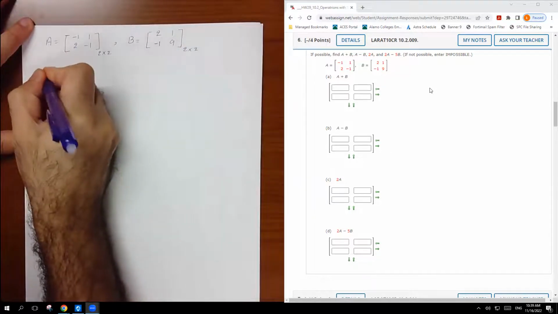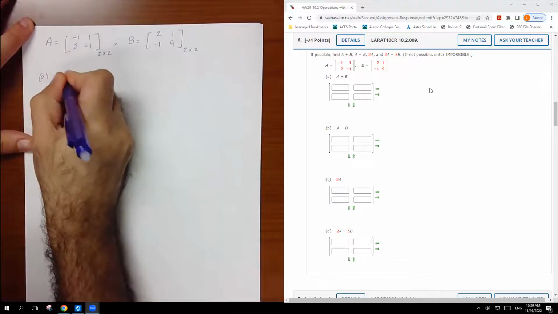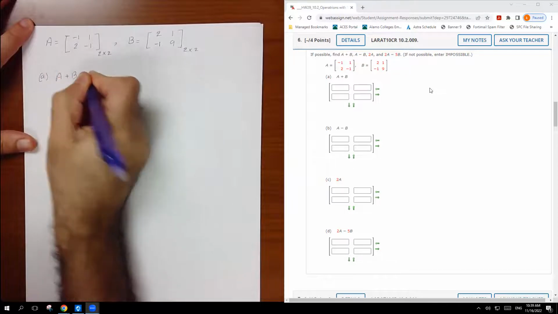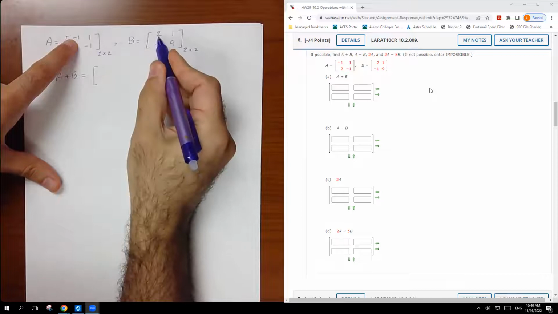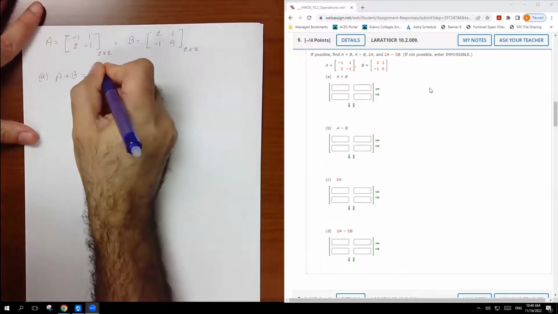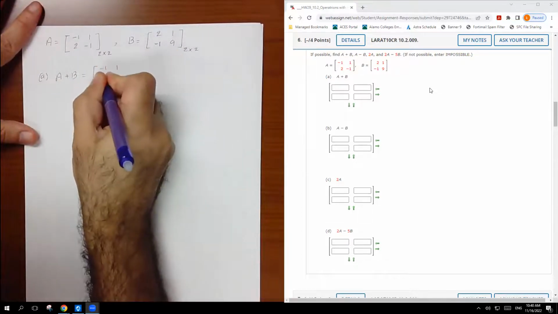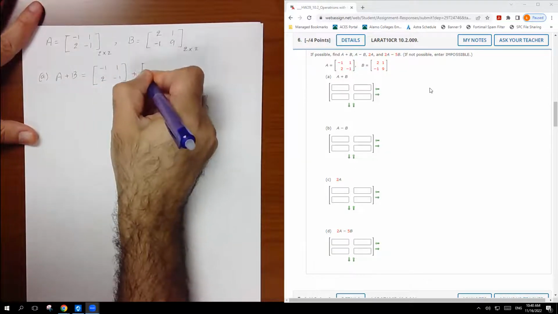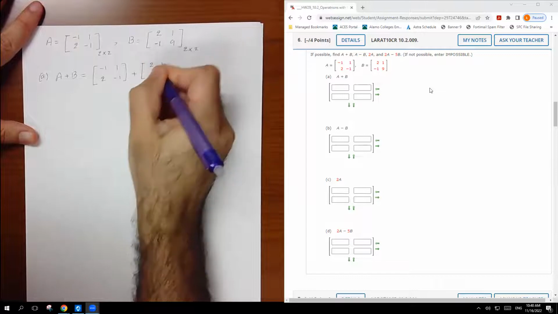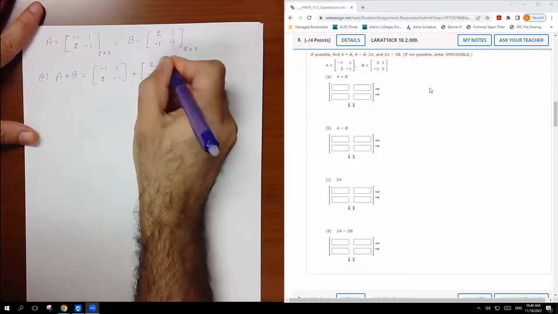So to find A plus B, we're going to add -1 plus 2. So let's first of all write down the matrix. 2, -1, plus the matrix B, which is 2, 1, -1, 9.